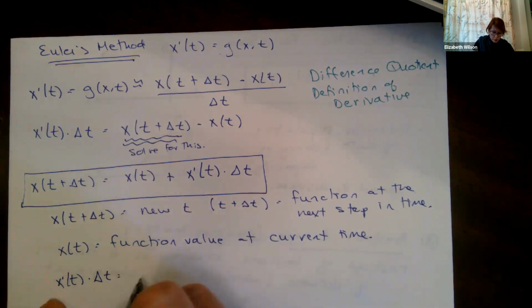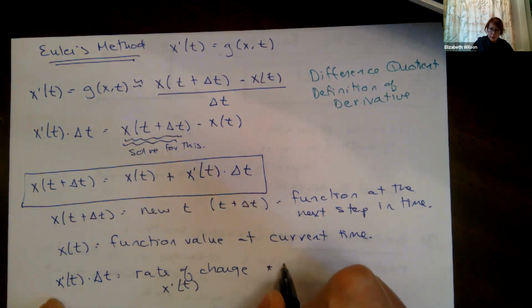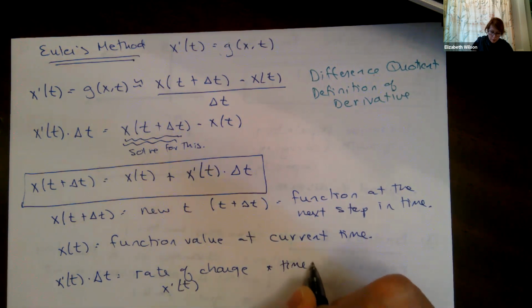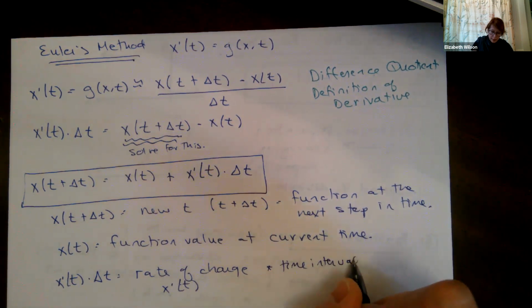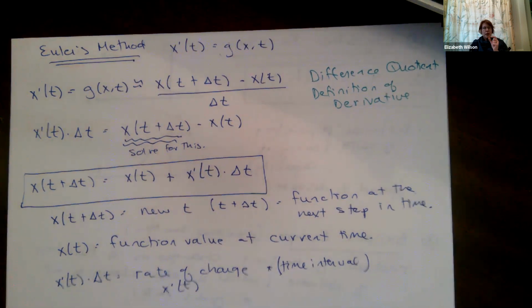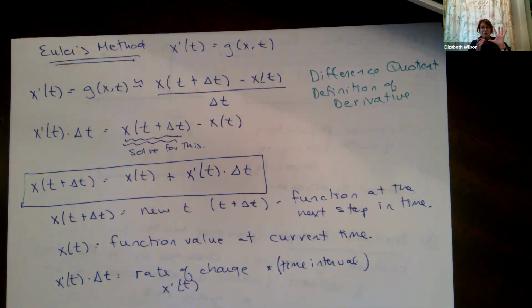This is our rate of change, x prime of t, times our little itty bitty delta time, the time interval we're looking at. So if I increase 5 meters per second, and my delta time is the next 1 second, then over 1 second I'm increasing 5 meters.